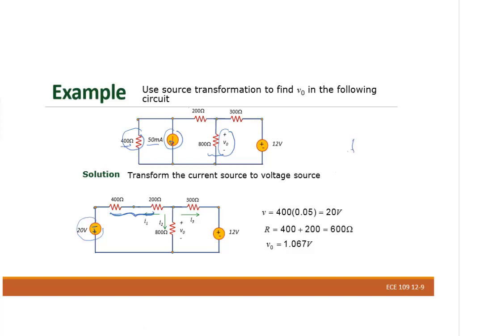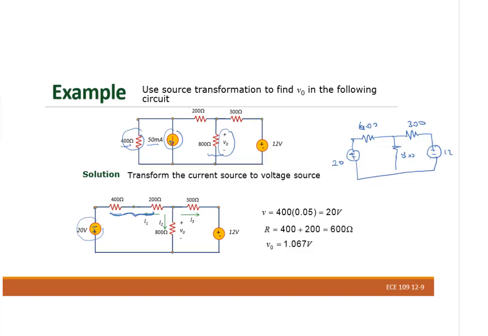We have a voltage source, negative and positive here, a resistor here, a resistor right there, another resistor, and one voltage source. This one is 600 total, this will be 300, this will be 800. This source is 20 volts, this is 12 volts.